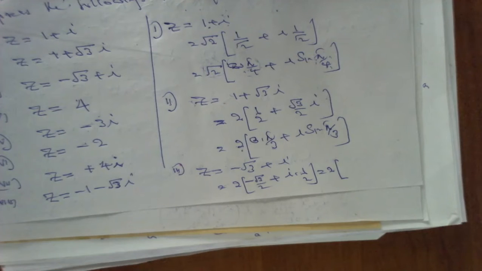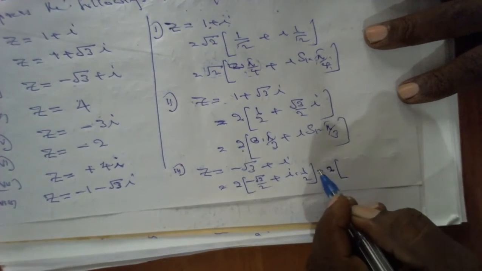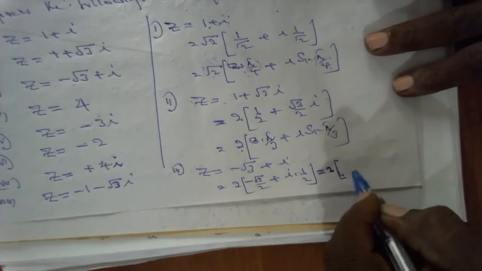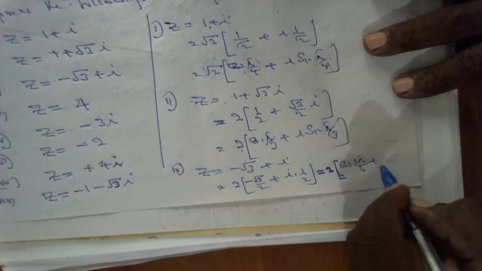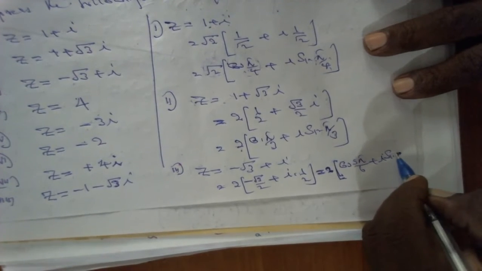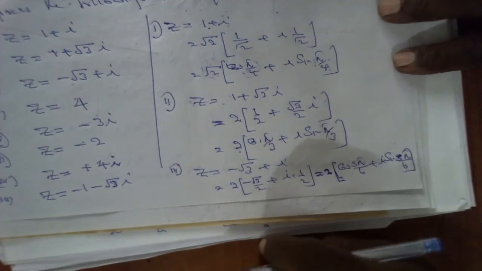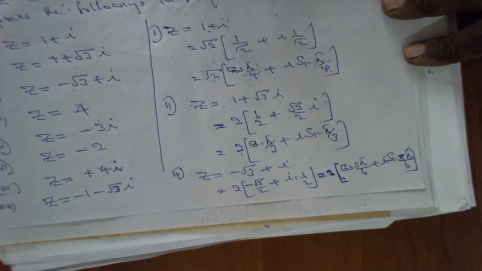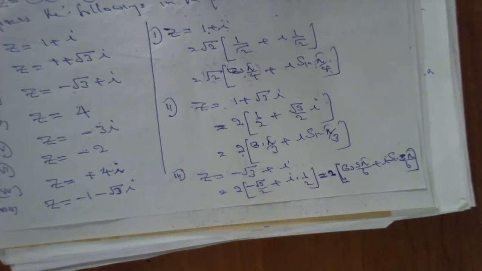You have to build your trigonometry knowledge. Cos 5 pi by 6 plus i sin 5 pi by 6. So this is the polar form.